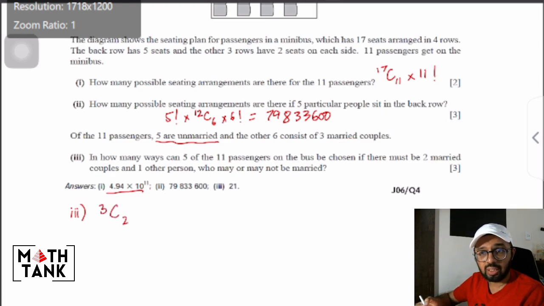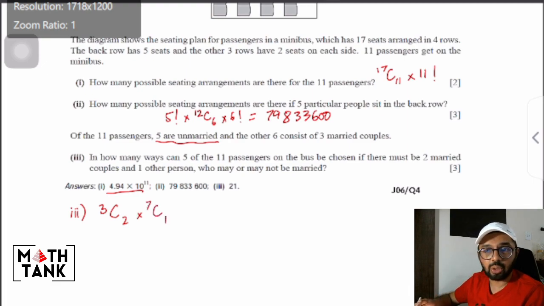Now I'm no longer choosing the people, I'm just choosing the couples. The people will automatically get chosen. So if I choose 2 couples, what I've basically chosen is 4 different people. So I had to choose a total of 5. I already chose 4 different people in the form of couples. I'm left with 1 person to choose out of 7.